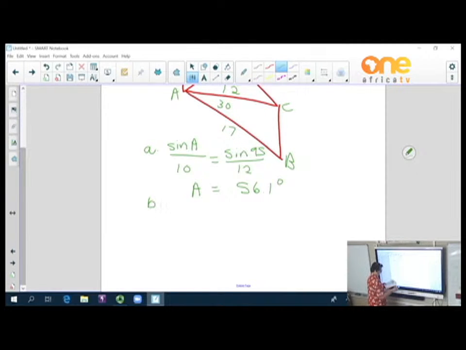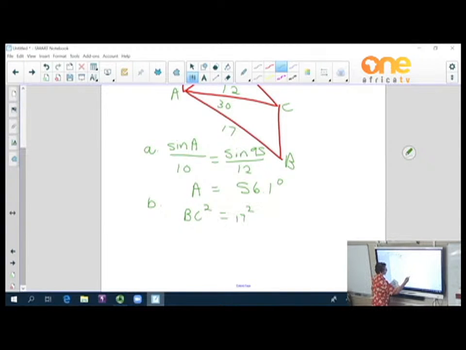Right, then B. Now we want to find BC. So this is this length that we need to find here. This is not a right angle triangle, so I'm going for the third side. So I'm going to use the cosine rule.